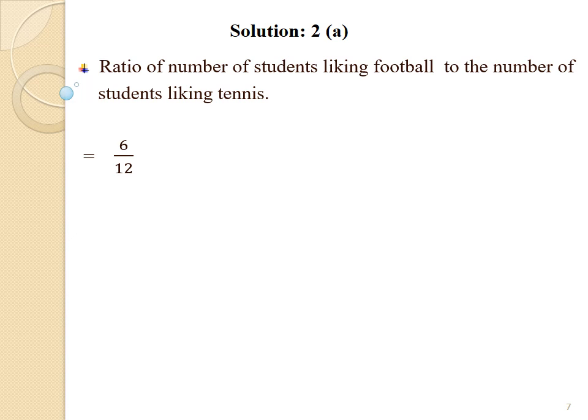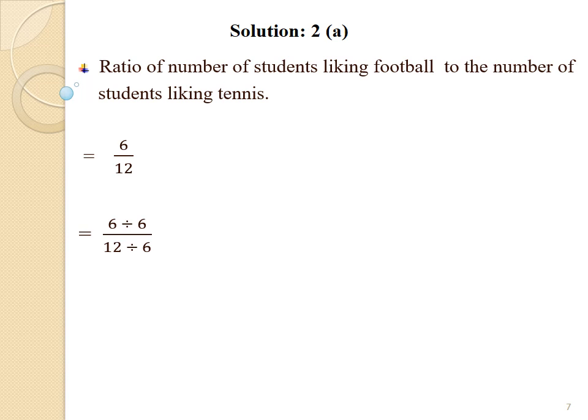Thus, reducing 6 by 12 by their HCF 6, we get 6 divided by 6 upon 12 divided by 6. Students, now we have to divide 6 by 6 and also 12 by 6.